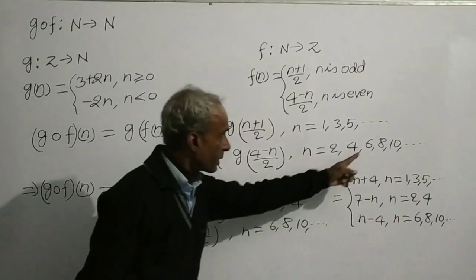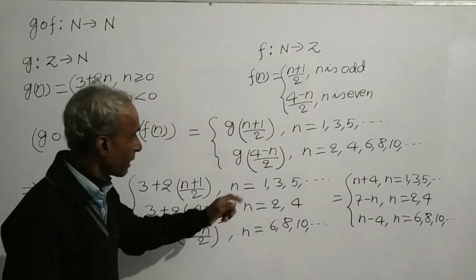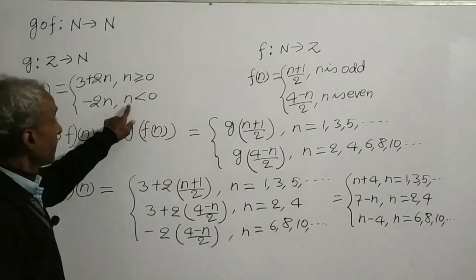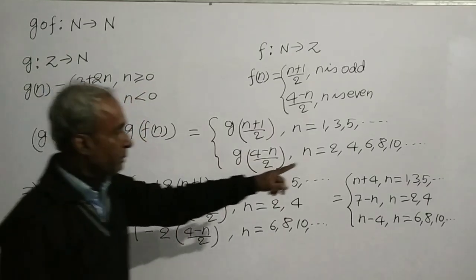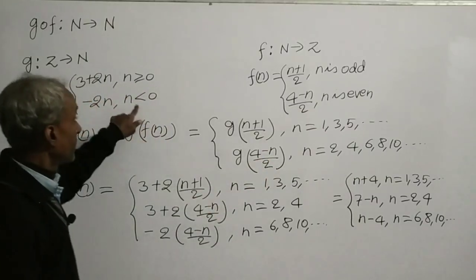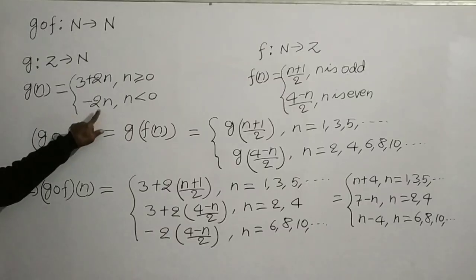When we put 6 here in place of n, we get minus 1, which is a negative integer. When we put 8 here, we get a negative integer. Therefore, function g will be written according to this rule.